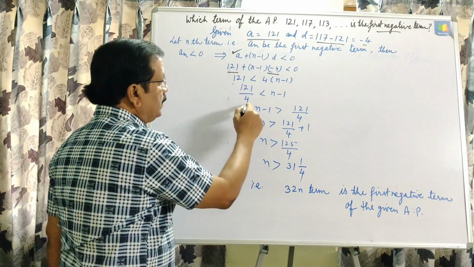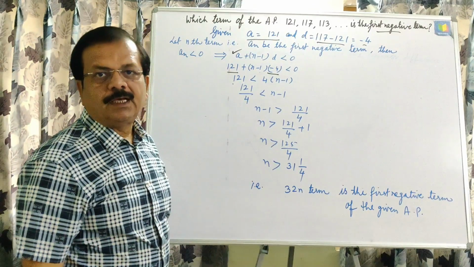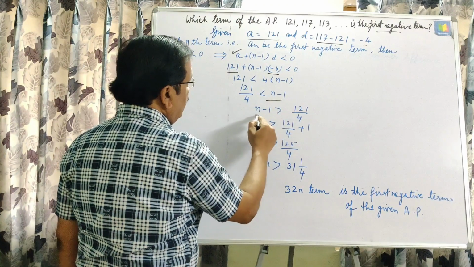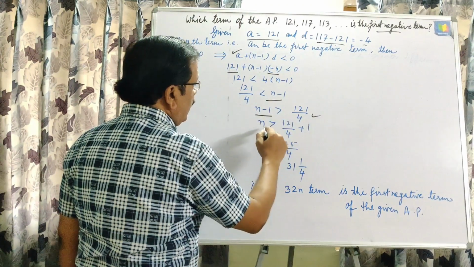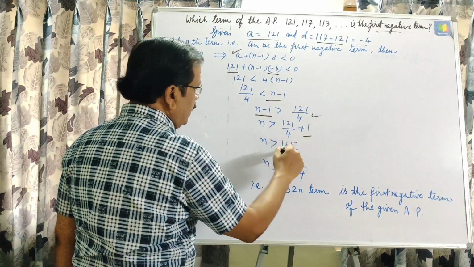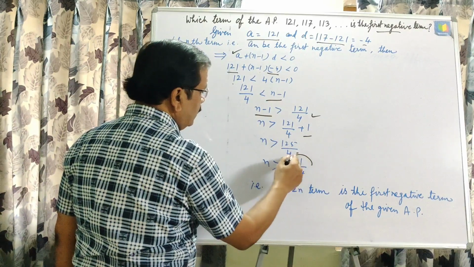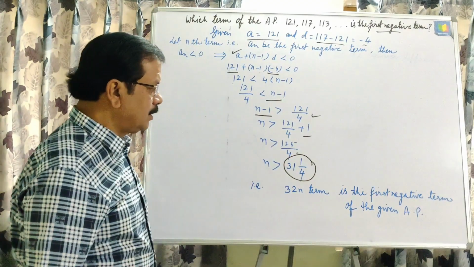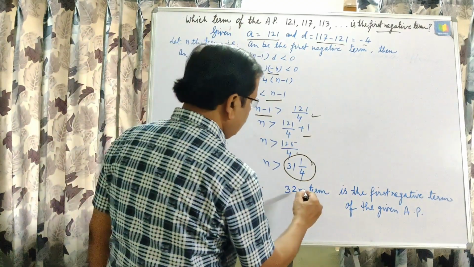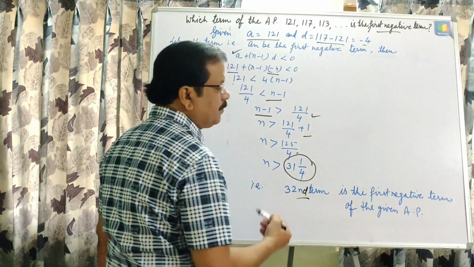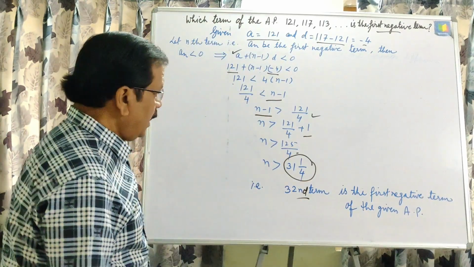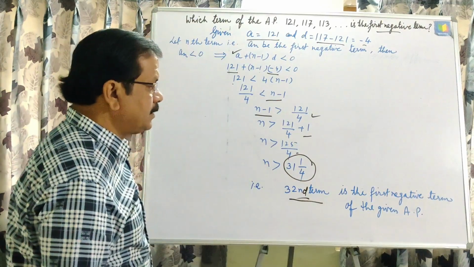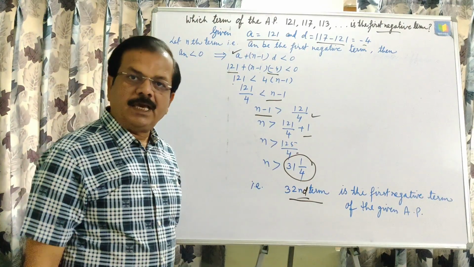Then after solving this, as we do in linear inequation, 121 by 4, then n minus 1 greater than this, and transposing 1 to this side, we get this value, and this is 31 whole 1 upon 4. Since we have to find out which term, this will be a natural number, and that is why the 32nd term is the first negative term of the AP.